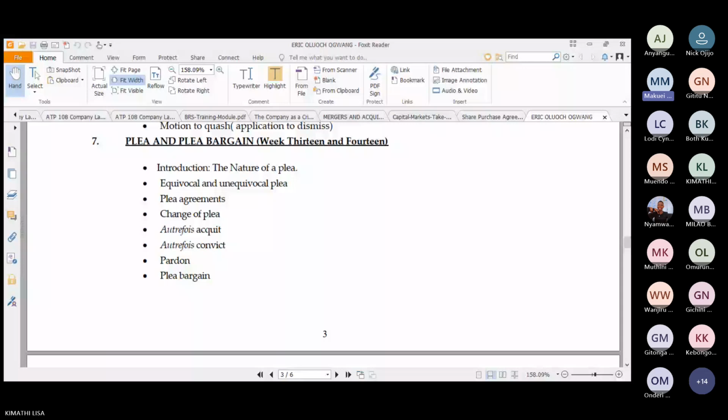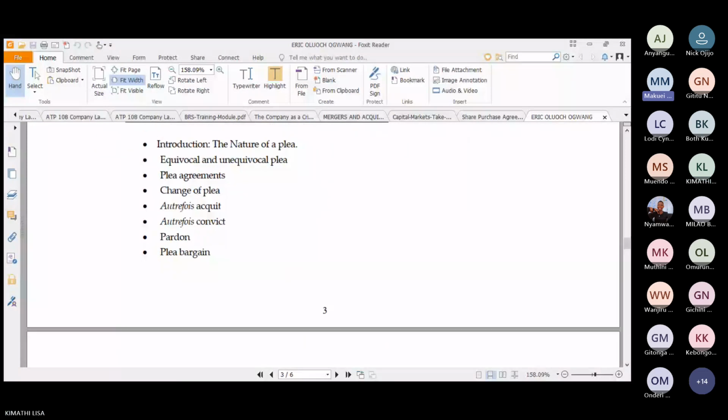Then plea and plea bargain. Plea taking, plea agreements, and stuff like that. Okay. So I wanted to stop there for now, because I cannot teach the whole course in one sitting.